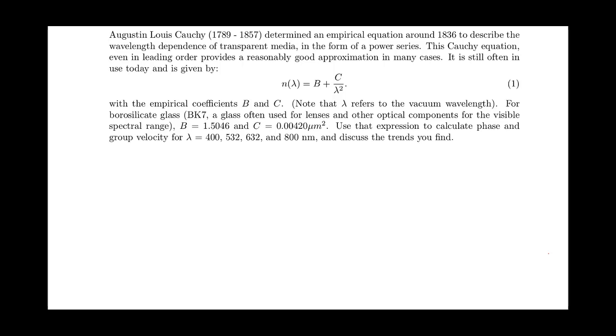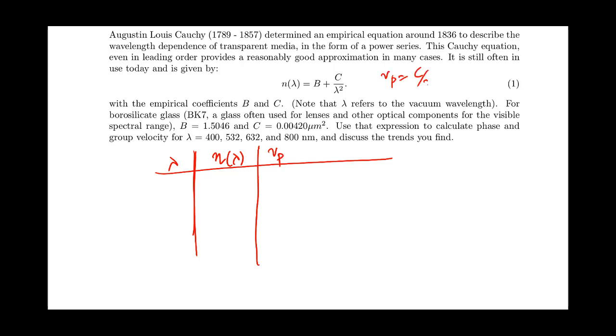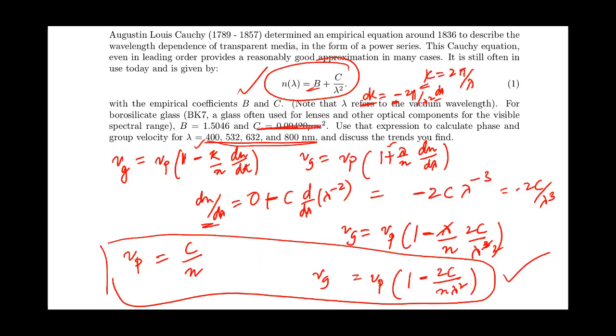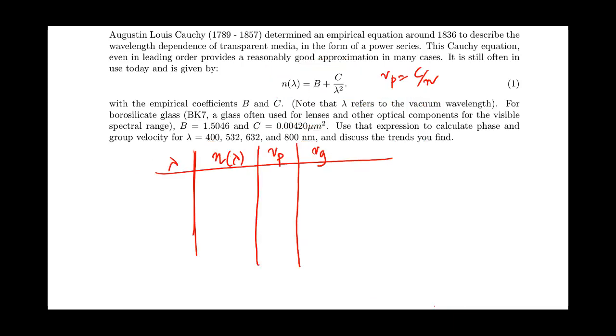If I look at a particular lambda, I can write what is that n for that particular lambda, and from there I can write what is phase velocity. Phase velocity is simply c by n. From there I can write what is group velocity, right? For that we will be using this expression where you need c, lambda and n for that lambda.